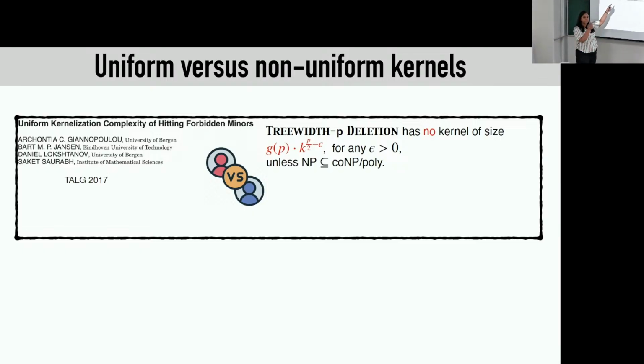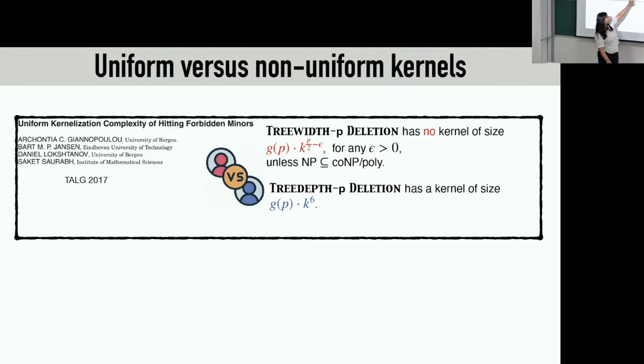Right. So this answers that question negatively: the dependence on F in the exponent of the kernel size cannot be avoided. But in the same paper, they also show a positive case. They showed that another special case of F-minor-free deletion, which is treedepth-p deletion, has a kernel whose size is g of p times k to the 6. Again, these terms are not important. These are just some graph parameters if you don't know them, and I will not talk about these terms after this slide.